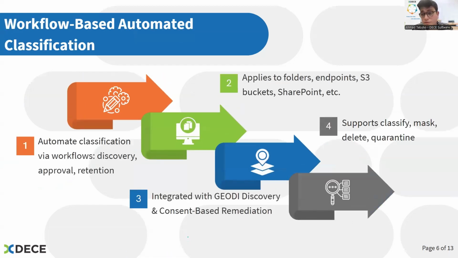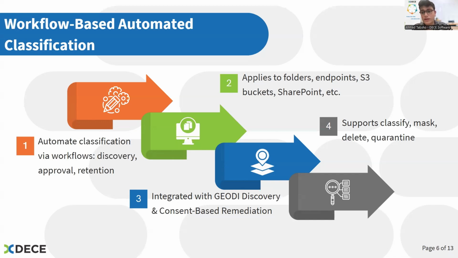And the workflow-based automated classification is super important, especially in bulk classification. I'm talking about, for example, file servers or whatever platform that you are discovering, because as you know, GeoD is a discovery product.